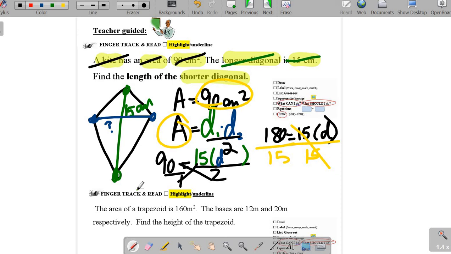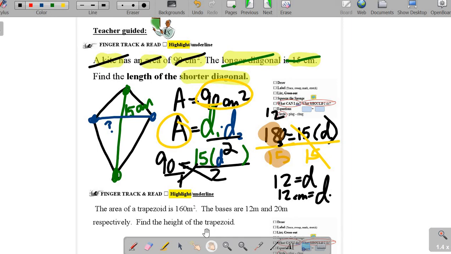So just so you know as I'm doing this, 15 goes into 18 at least one time with 3 left over, and 30 is 30, so the answer is 12. Technically, it's 12 centimeters.